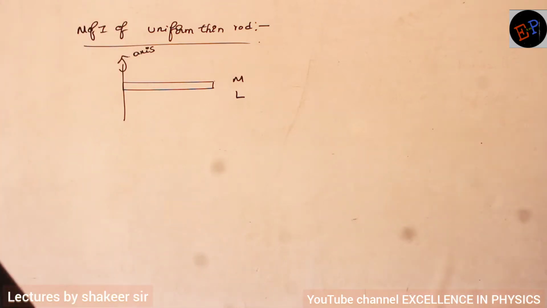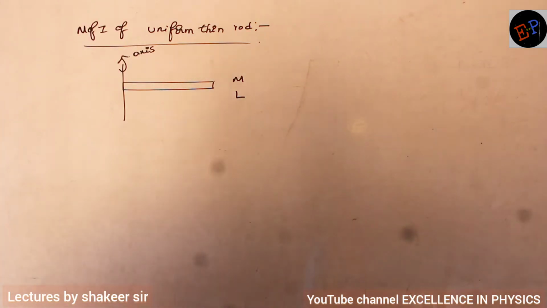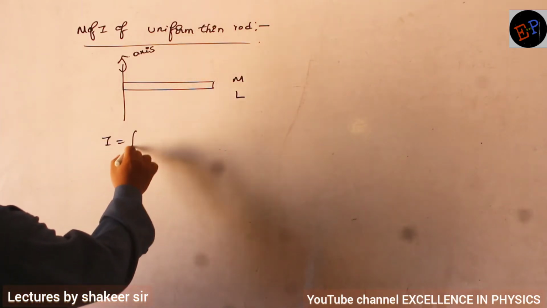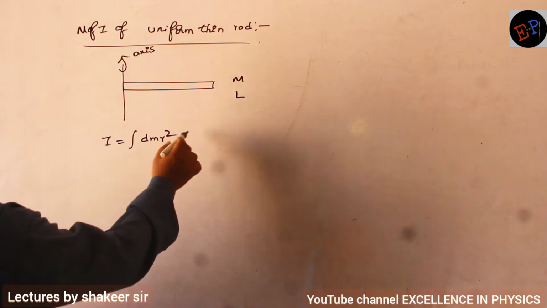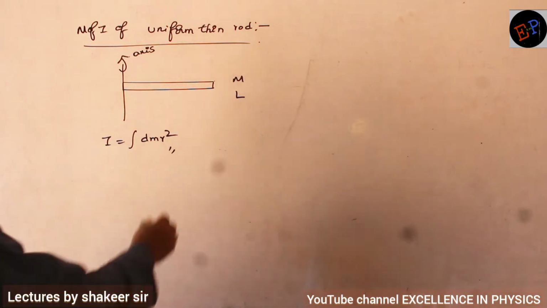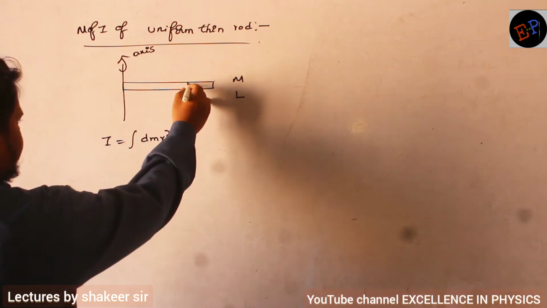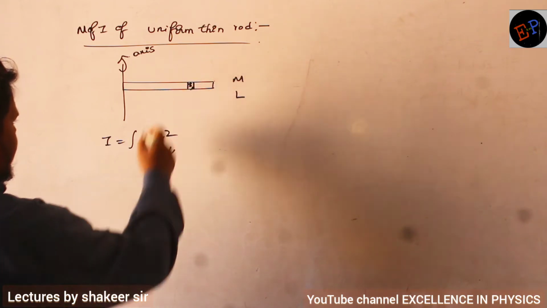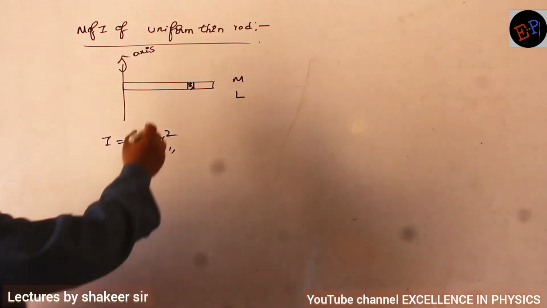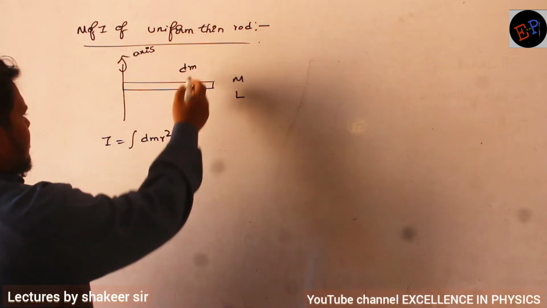So what is the equation to calculate moment of inertia for rigid bodies, ma? I is equal to integration of dm into r square. This is the equation, no? So what I will do, first I will take a small dm, a small differential mass, whose mass is dm. Are you able to understand, ma?